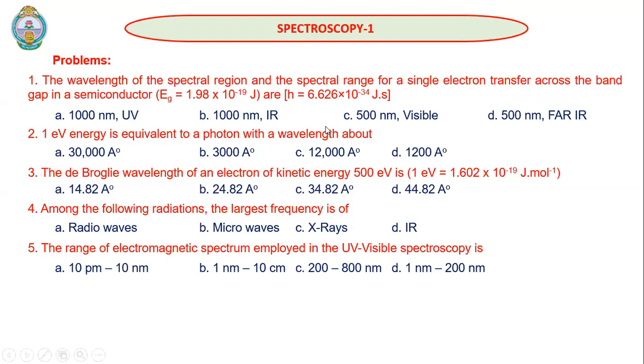But out of these four options, we can simply eliminate two. See, 1000 nanometers, it is not UV, it is IR. 500 nanometers is visible, not IR. So the options A and B, D are obviously wrong. Now we will see what is the wavelength and its range.